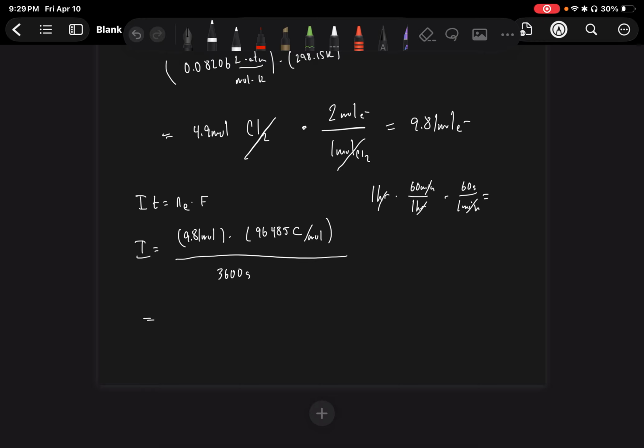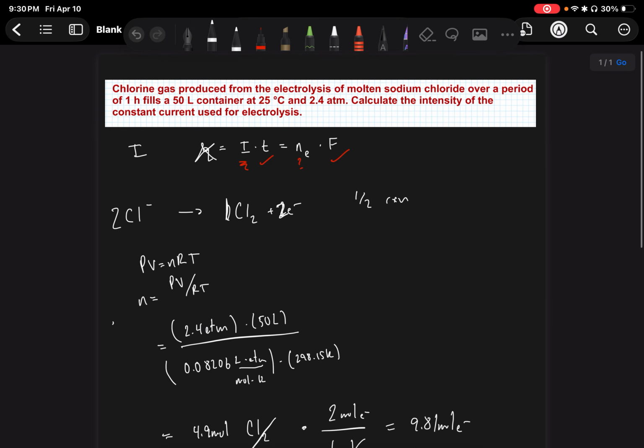If you watch Gumball, you would know why I said that. 49648 divided by 3600 gives 26.29 coulombs per second, which I'm 99% sure is the same unit as amperes. Or I might just be giving you false information.